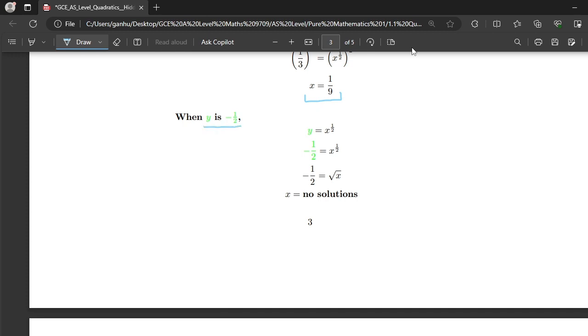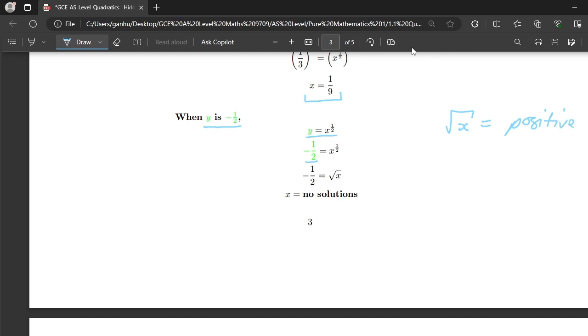So we use the same statement, y equals x to the power half. Substitute y with negative half. And now remember that x to the power half is the same as the square root of x. And whenever you take the square root of any number, the resulting answer is always positive.